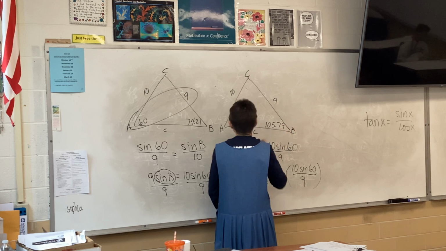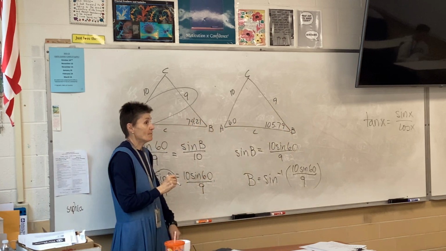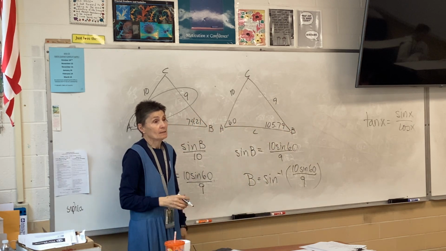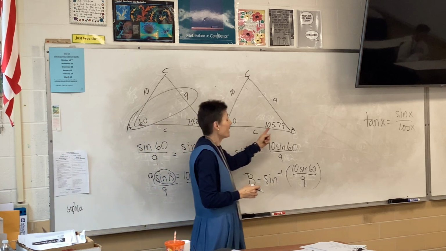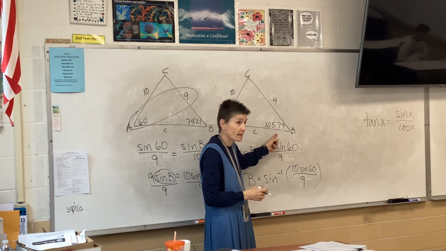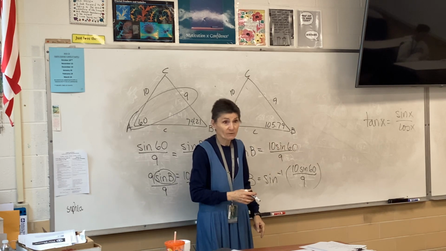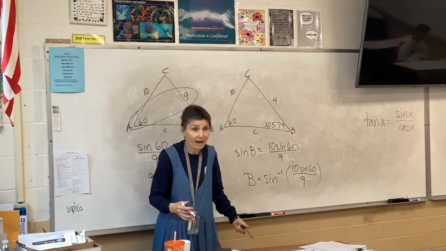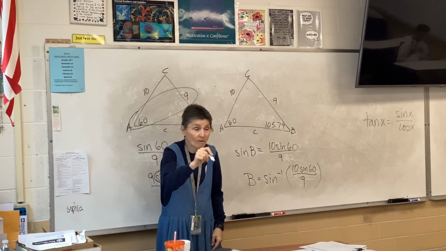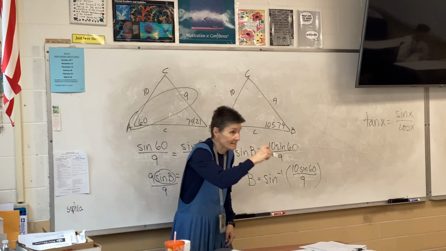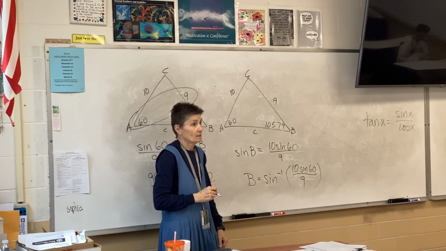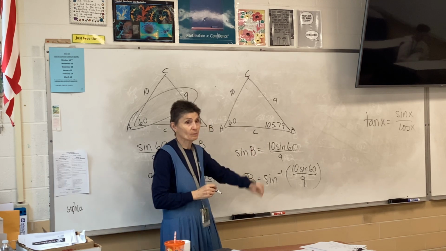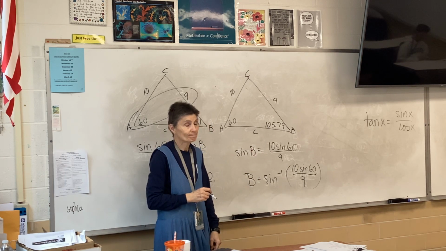And then I look at it and say, okay, is it okay to have a 60 and a 105 in the triangle? Yes, it's perfectly okay. Because why? 60 and 105 are less than 180. So it's possible. So how many triangles are possible this time? 2.